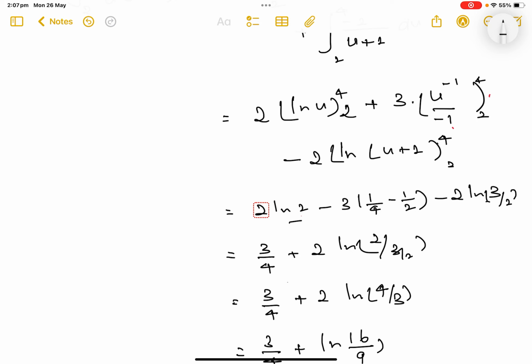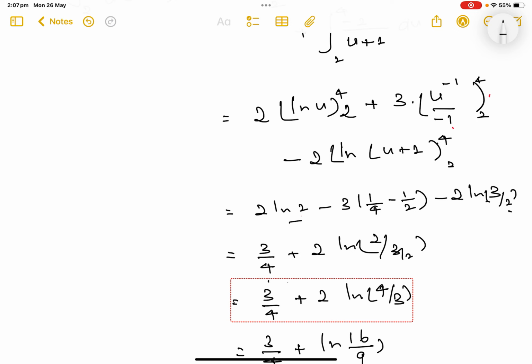And the third part, minus 2, again the ln: 4 plus 2 is 6, divided by 2 plus 2 is 4. That is 6 over 4, which is 3 over 2. Right, let's look at the numbers first. A quarter minus a half is minus a quarter, and times minus 3, that is plus 3 over 4. And then 2 ln 2, and here minus 2 ln (3 over 2).